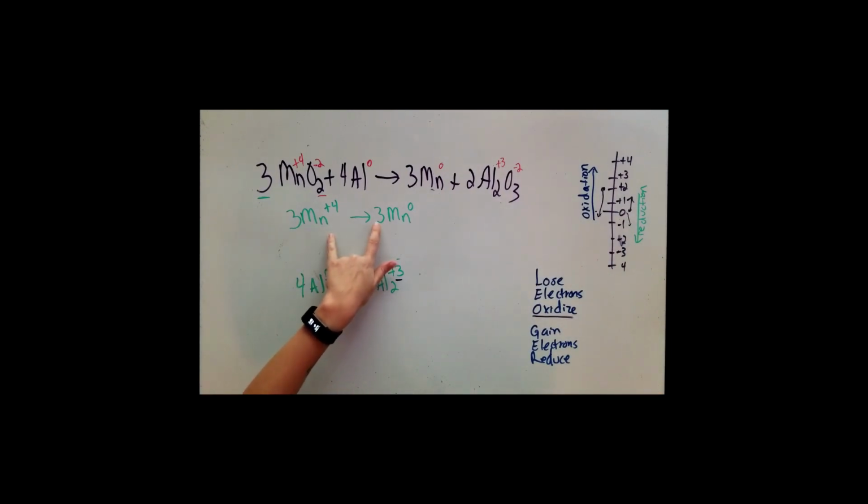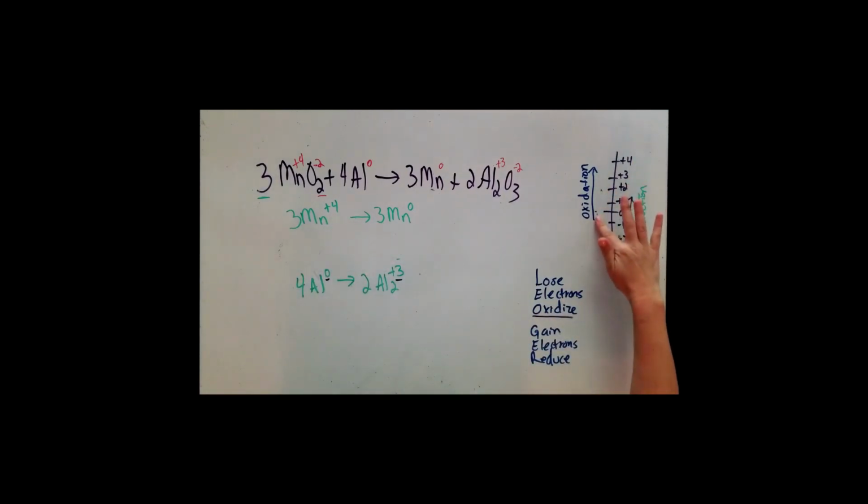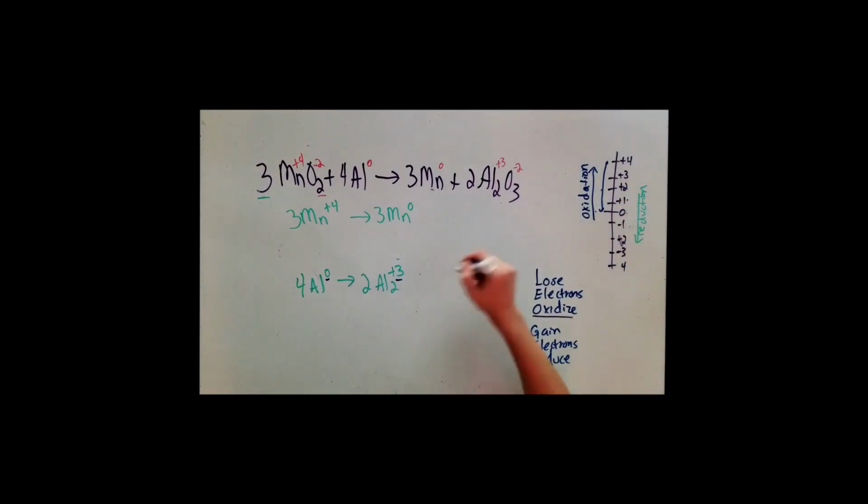So back up to manganese. Let's figure out what's going on with this guy. We went from a +4 to a 0. So we're way up here at the +4, and we're going which direction? Downward. We're reducing all the way to 0. Okay, so if we're going downward, that is reduction.